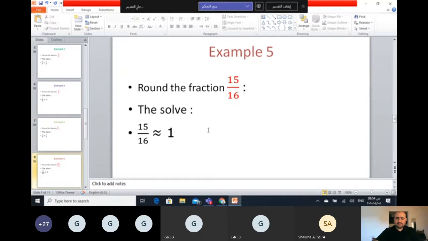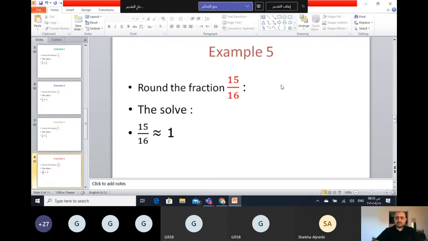Example 5. Round the fraction 15 over 16. Compare the numerator and denominator. As you see here, we have 15 up and 16 down, and 15 is very close to 16.